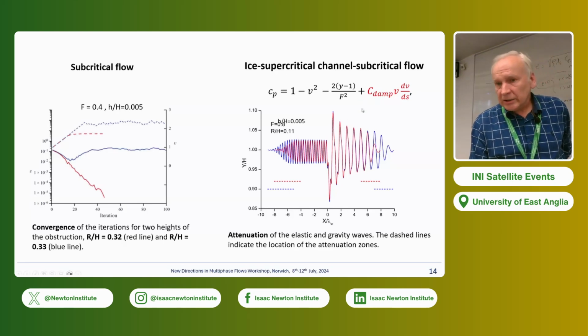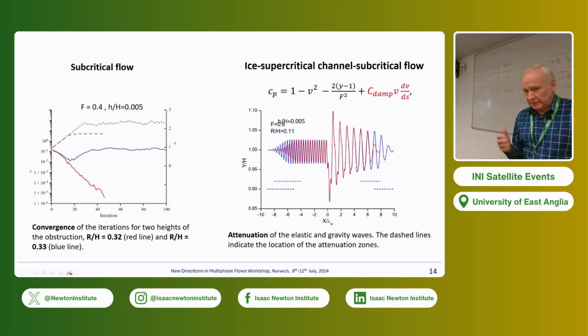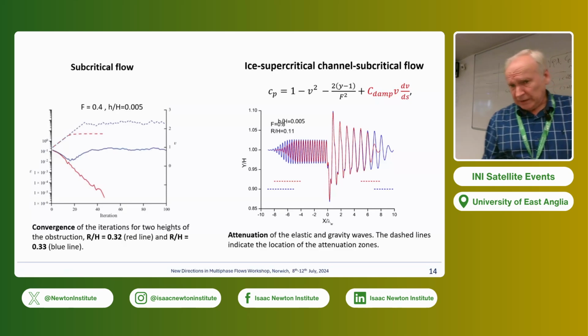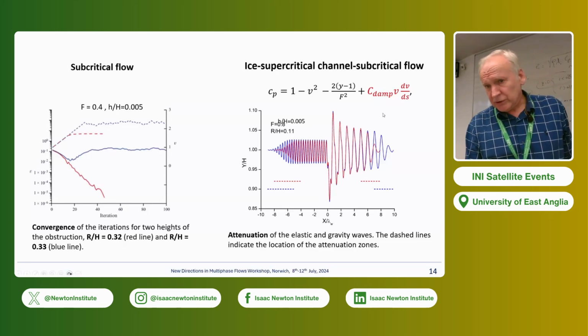It is done using an artificial damping term, as shown here. It is applied at some regions downstream and upstream. It is shown from these results that this term does not affect the solution in the region where this term is absent.